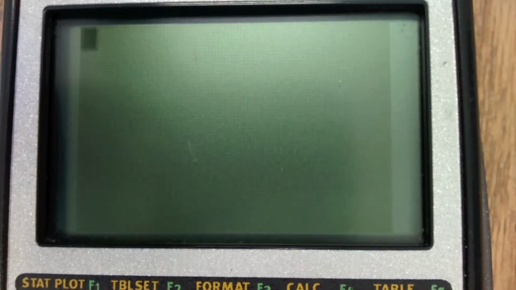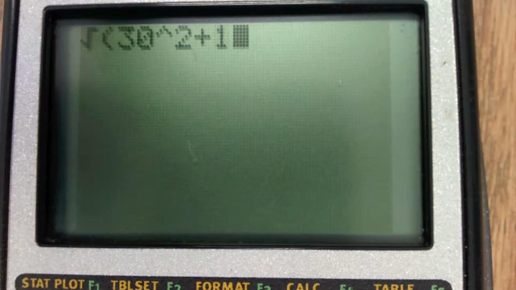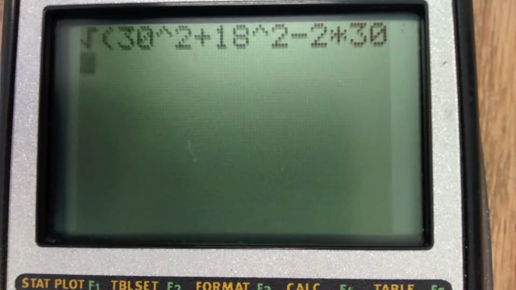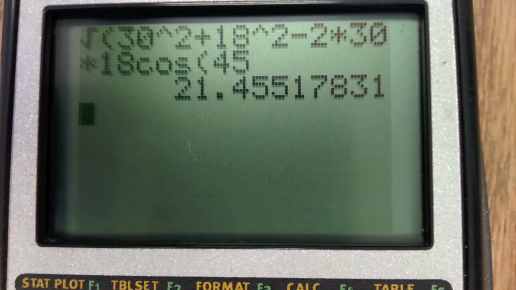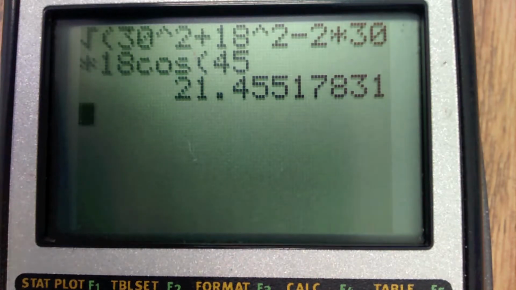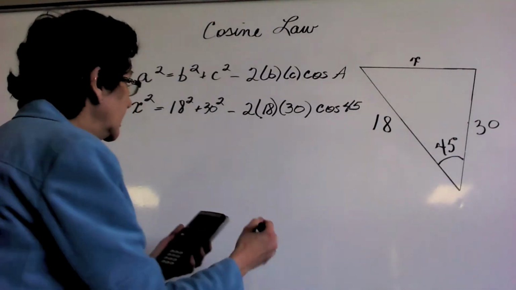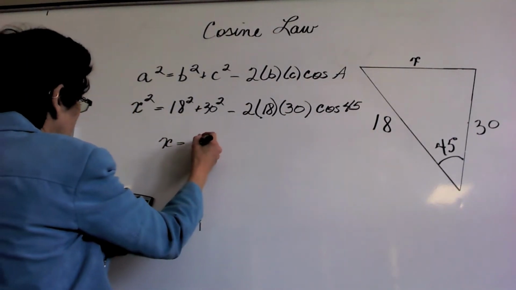Entering this into the calculator, I'm going to go right to the x equals, so second square root, so I'm going right to that function. 30 squared plus 18 squared, subtract 2 times 30 times 18, and then cos of angle 45, and I get 21.455178831.